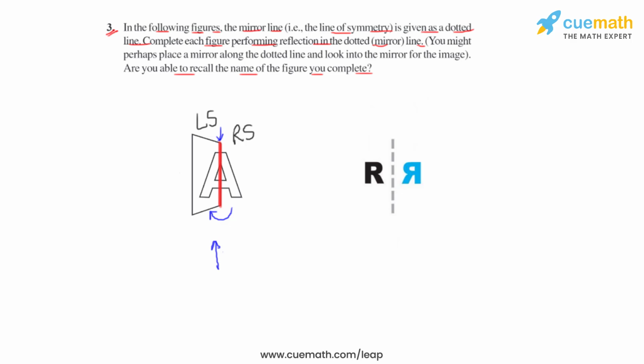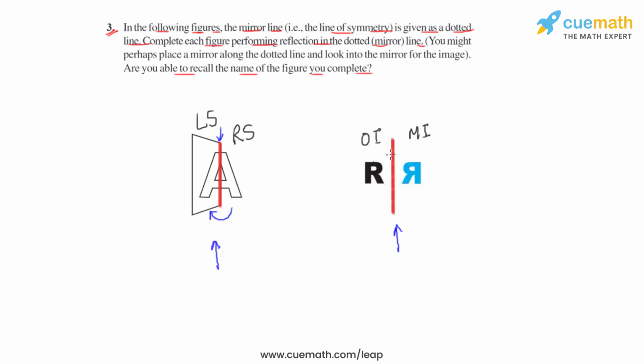Let us now see what happens in the second figure, which we have here as an example. If we consider this highlighted red line as the mirror line for this figure, we see that this is the mirror image, which is the reflection of this original image.